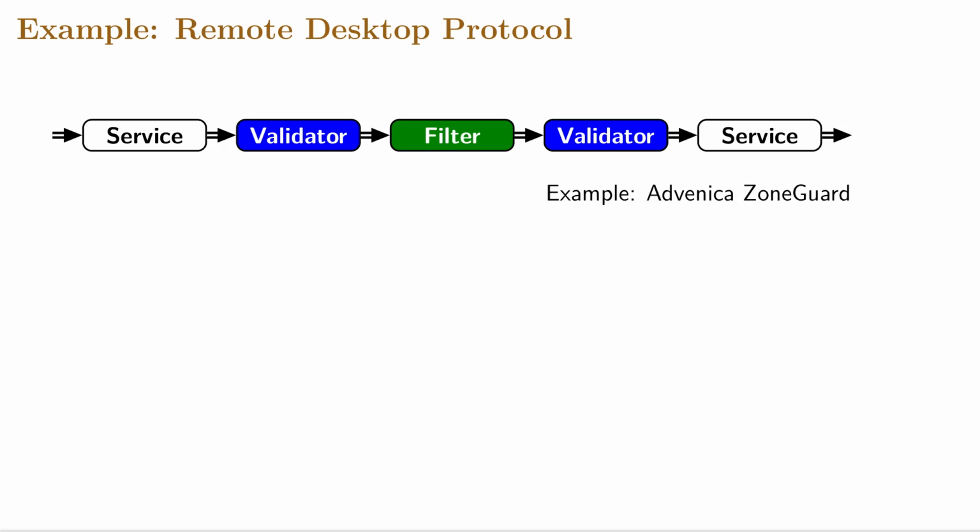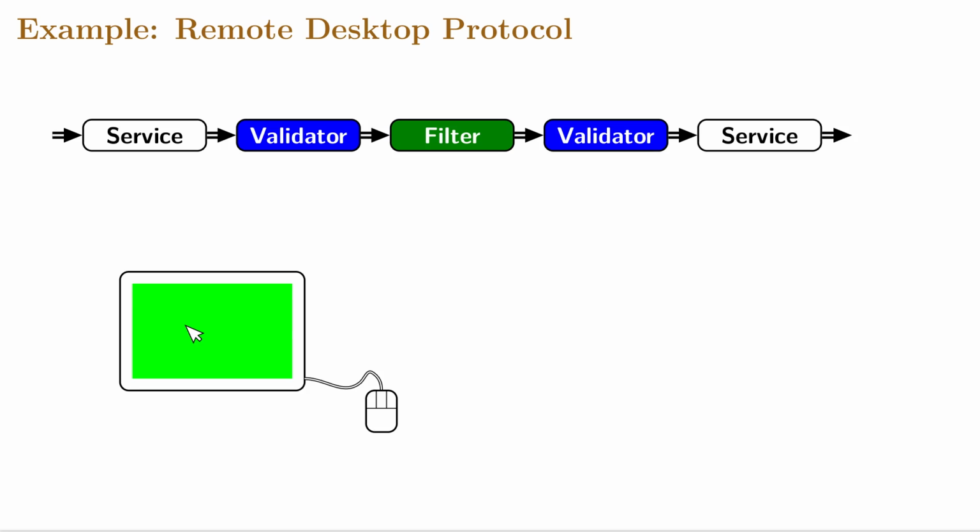And to understand this, I'm going to give an example based on the remote desktop protocol. This protocol, RDP, is used to control desktops over the network, and we might want to filter for different kinds of interactions here.